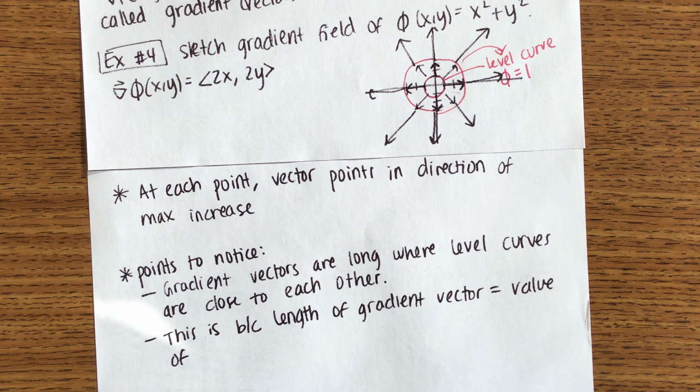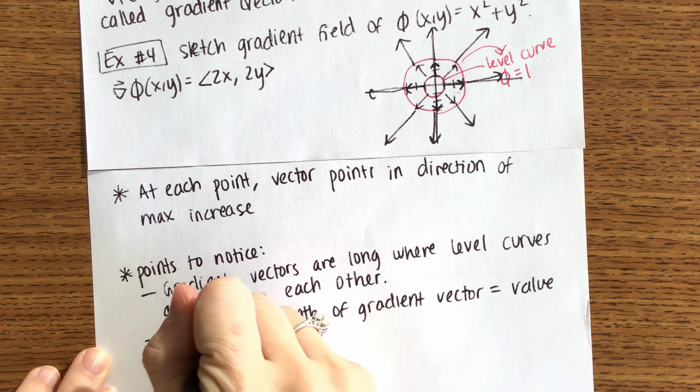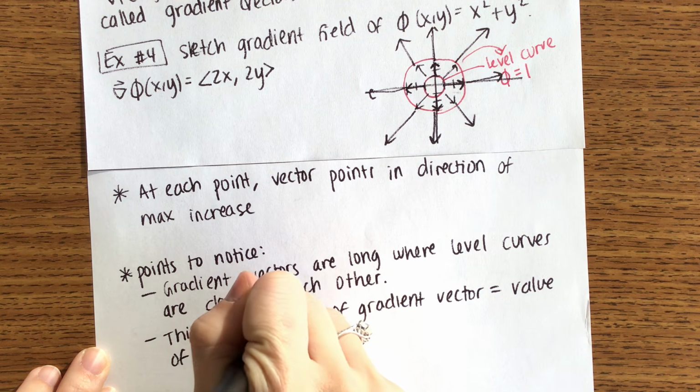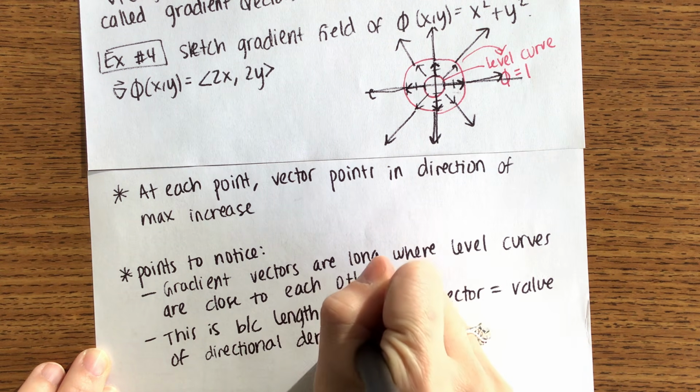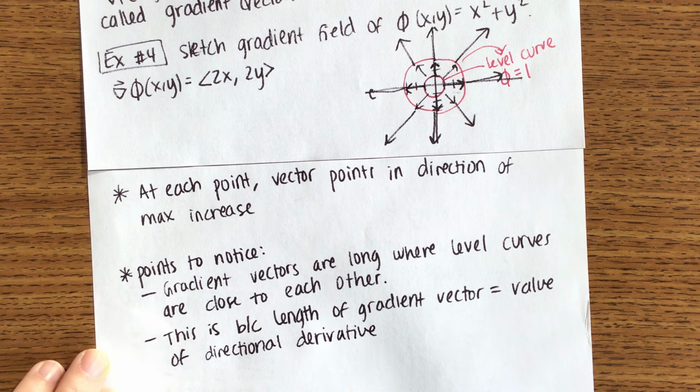What did we calculate? It's 2 words. Both words start with a D. There we go, directional derivative. So length of the gradient vector is equal to the value of the directional derivative. So if you have level curves that are close together, that's a steeper graph.